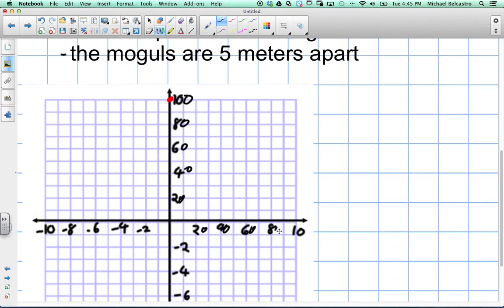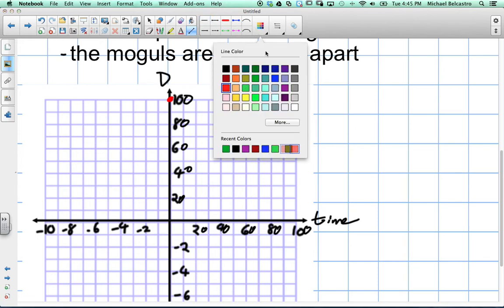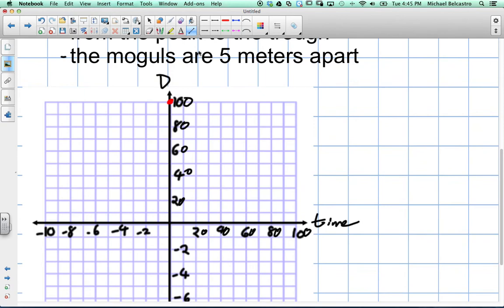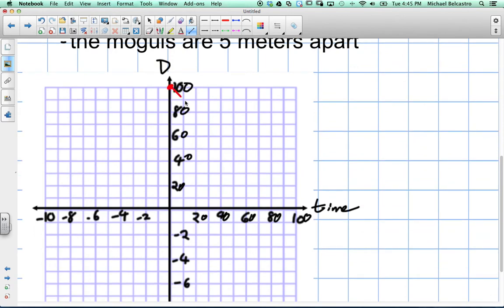The idea here is that this is our time, and this is our distance from the ground, right? So we'll call this d, our distance from the ground. In terms of our slope, because it's a slope of -1, in other words, you travel at 1 meter per second, you have a constant slope like this.